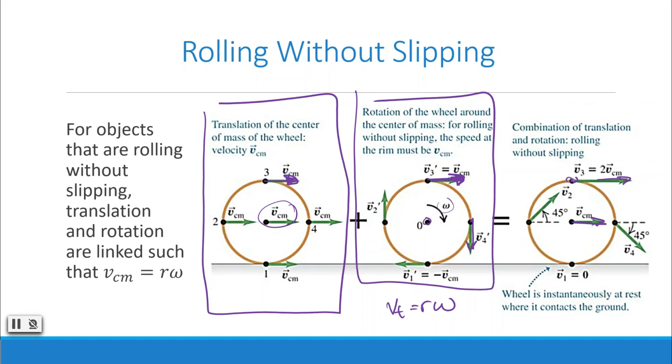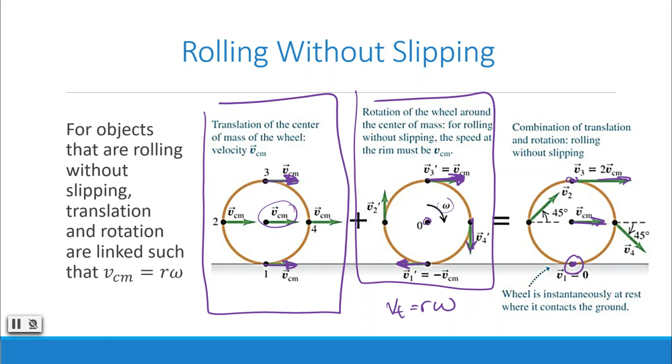So the point at the top is actually moving twice as fast as the center. The point on the bottom has the velocity of the center of mass going to the right from the translation, but that point's actually moving to the left in rotation with the same speed that it would be translating at, so those cancel out.